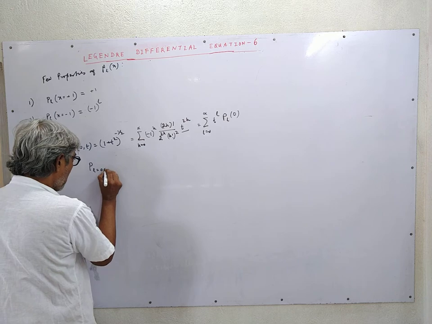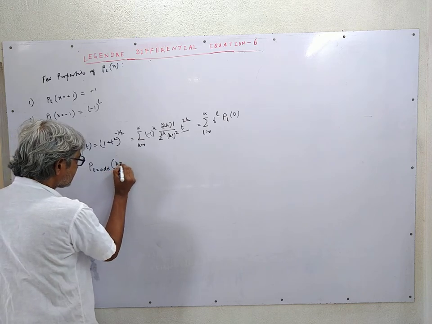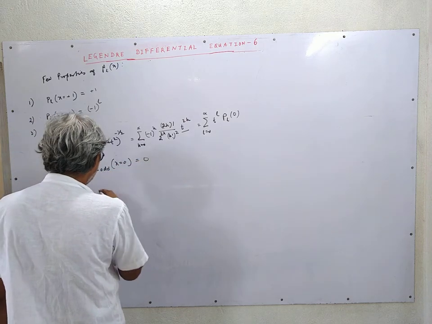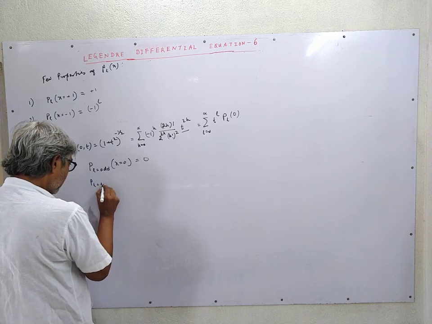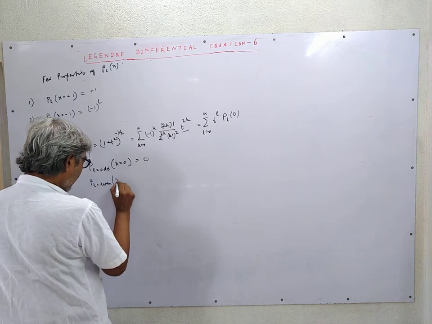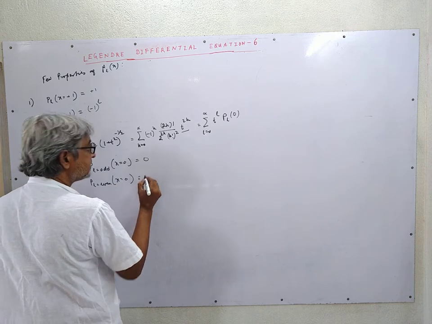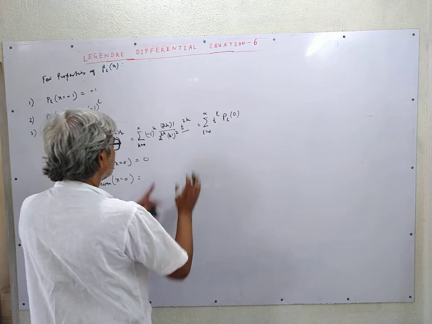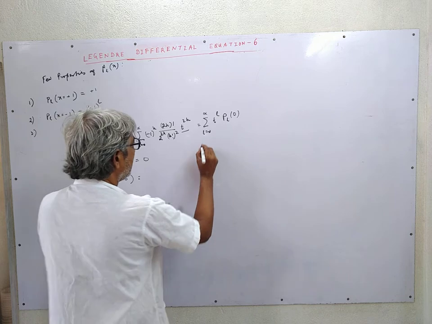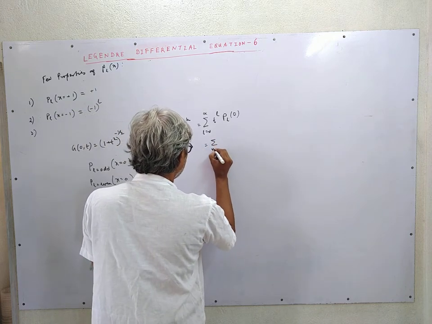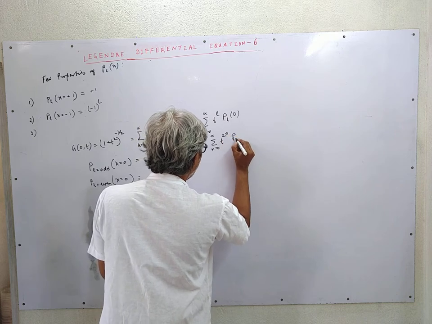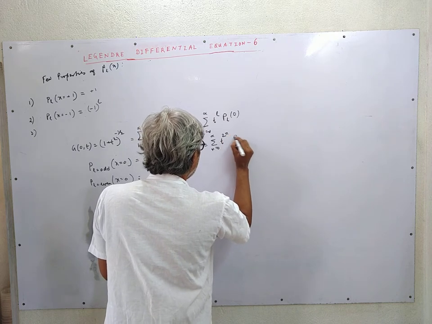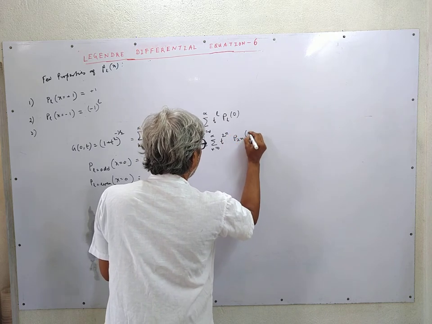P_L for L odd at x equal to 0 is equal to 0, and for L even at x equal to 0, this term contributes only when this is the summation over n equal to 0 to infinity of t to the power 2n P_2n at 0.